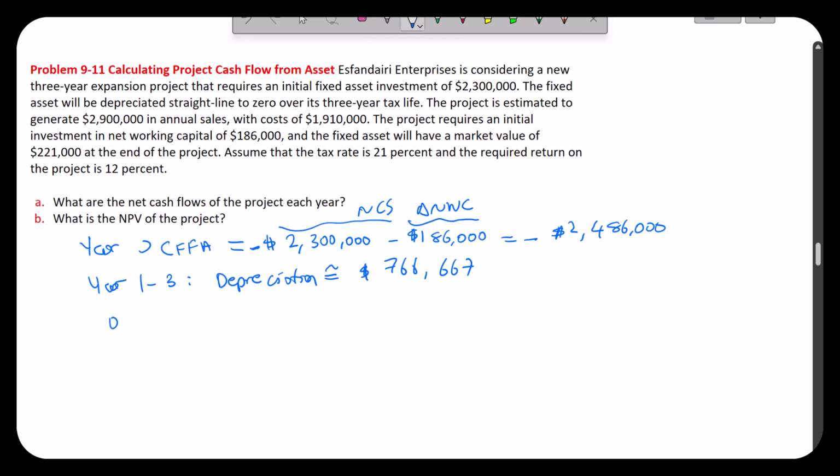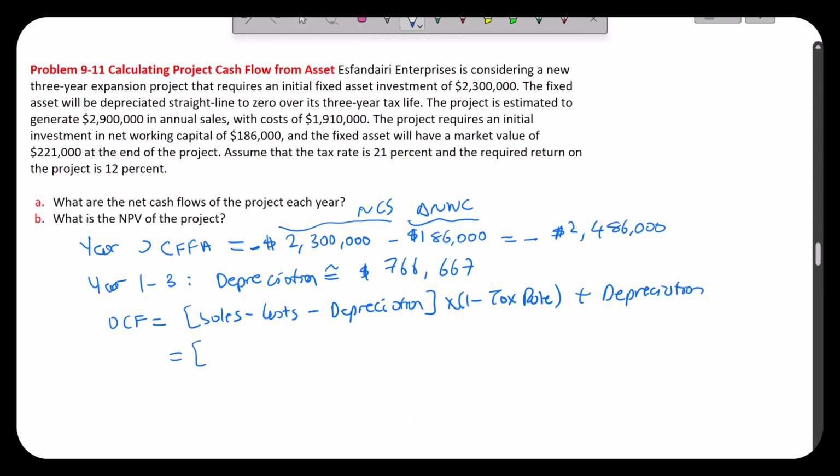I'm going to calculate the OCF directly. Sales minus cost minus depreciation times 1 minus tax rate plus depreciation.